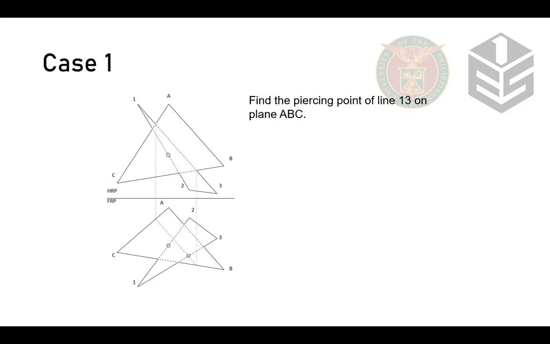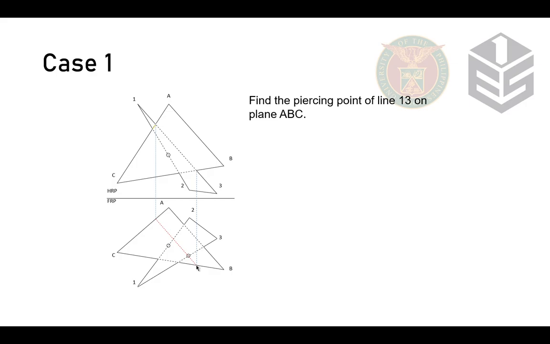Now we can take another line, say line 1, 3, and let's do the cutting plane method again. So we take line 1, 3. This is the apparent intersection of line 1, 3 with line AC, and we project it downward. We should have this point. Then we have line 1, 3 with line BC, and project this apparent intersection downward up to this point, since this is the line BC.